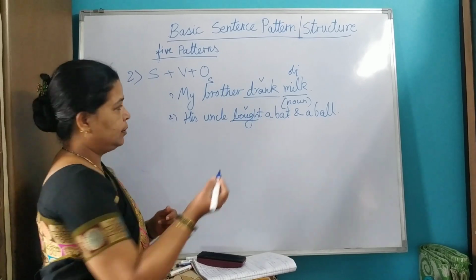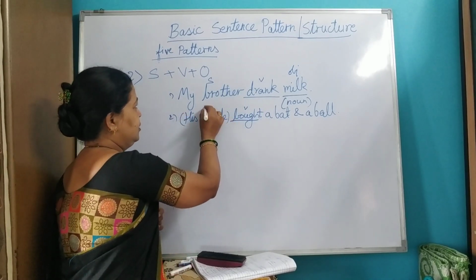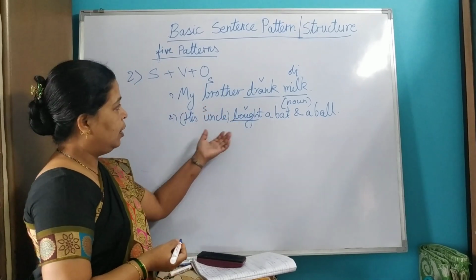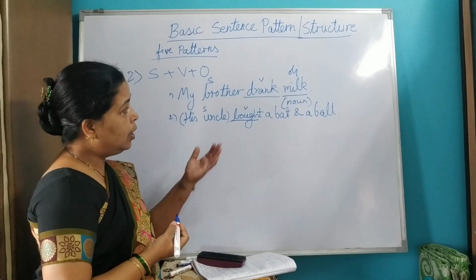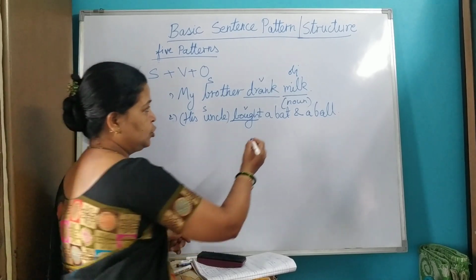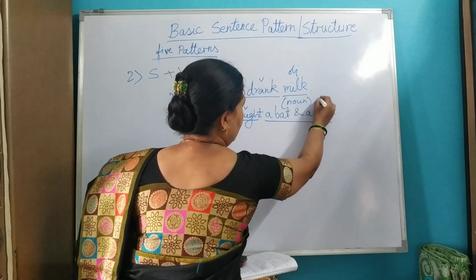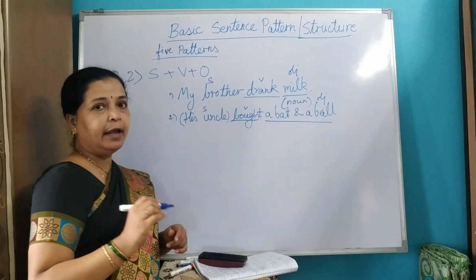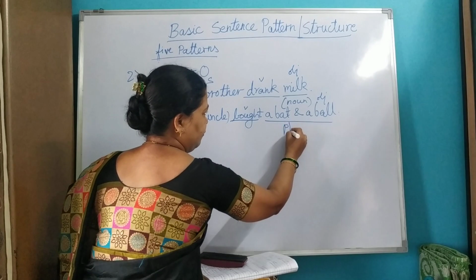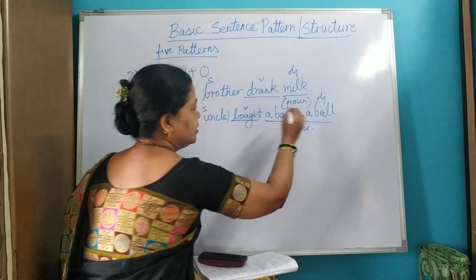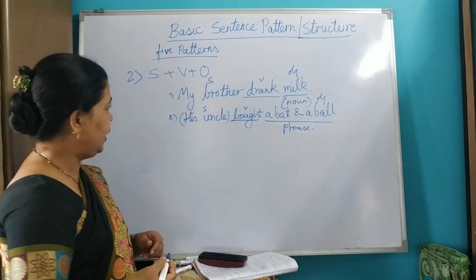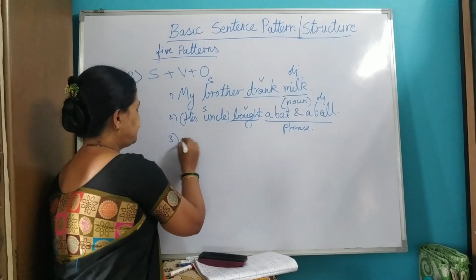Who bought? His uncle, subject. Bought what? A bat and a ball. So, a bat and a ball is your object, and here it is a phrase. Okay. Now one more will do.